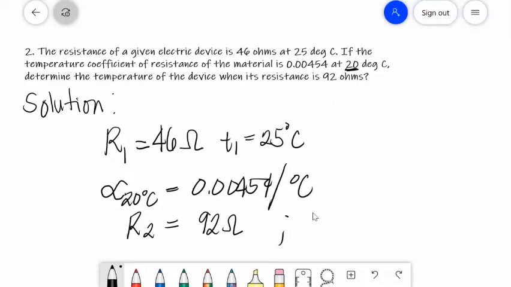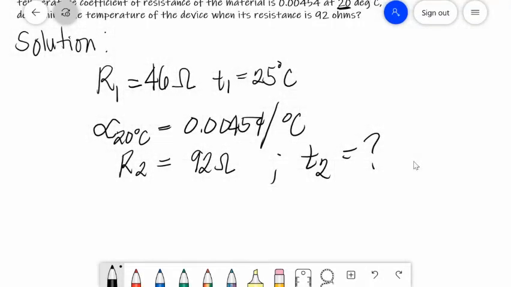So that is T2. How do we solve for T2? We can see that our alpha is at 20 degrees, but in our formula, alpha is expressed in terms of T1. So what is T1? 25 degrees Celsius. So what do we do?